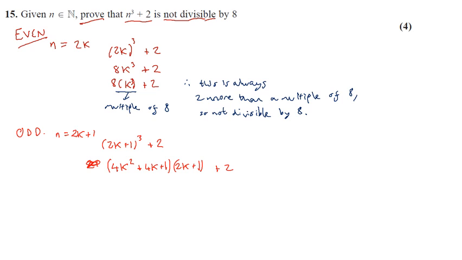So I've squared the bracket and then I'm going to cube it by multiplying it by itself again. When I expand all of this and simplify, we get 8k cubed plus 12k squared plus 6k plus 1, and then we've still got that 2.